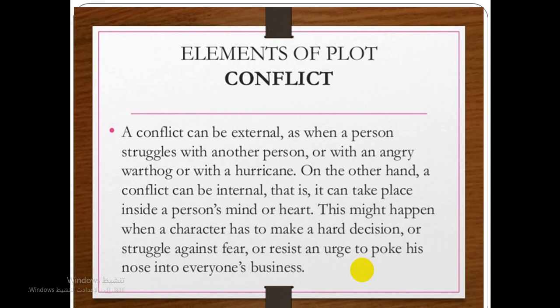While you are interpreting and analyzing a short story, it is very necessary to ask and answer questions like: how would you describe the main conflict? Is it an internal conflict within the character? Is it an external conflict caused by the surroundings or environment the main character finds himself or herself in?